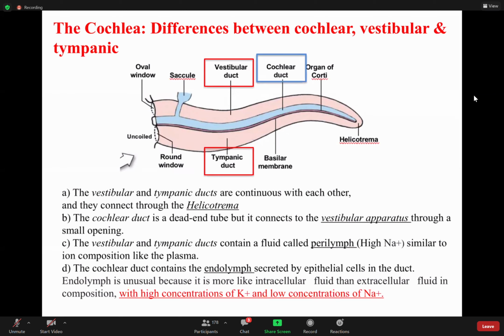Thus, as you can imagine, for the organ of Corti or the stereocilia to be activated, they need to allow more potassium to enter the cell membrane, compared to the function of the vestibular and tympanic ducts.